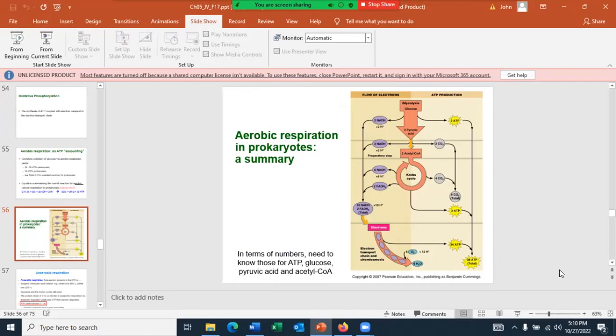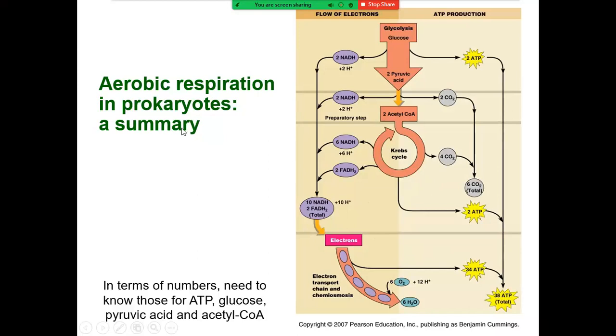So this is summarizing the aerobic respiration. We get 2 NADH from glycolysis and 2 ATP from the Krebs cycle and the preparatory step. We get 8 NADH, 6 CO2, 2 FADH2, and 2 ATP per molecule of glucose.